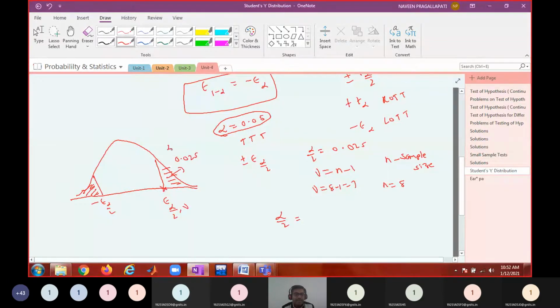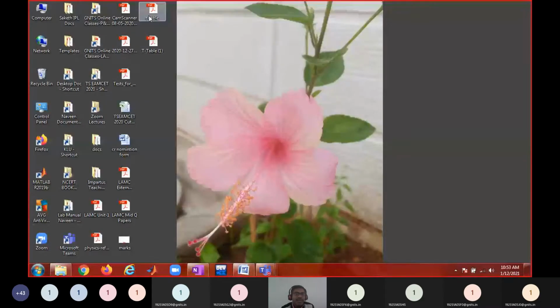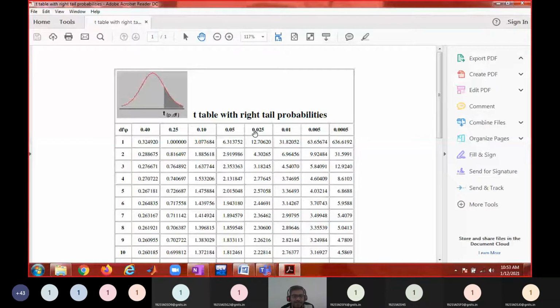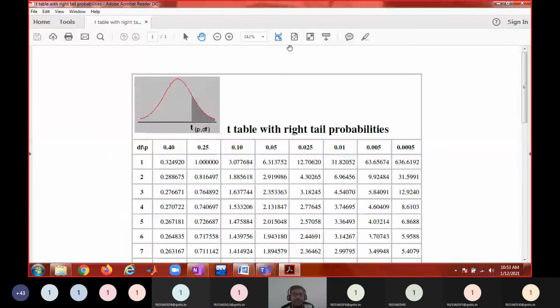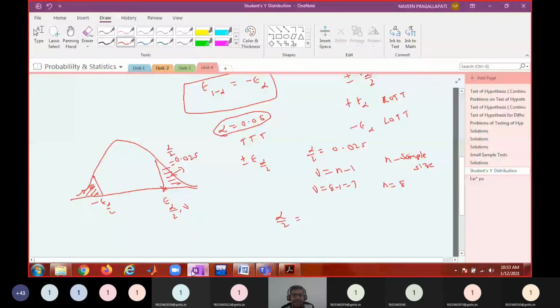Now let us look at the T distribution table, which I downloaded already. Is 0.025 there? Yes. So 0.025 for degrees of freedom, what was the degrees of freedom? 7.